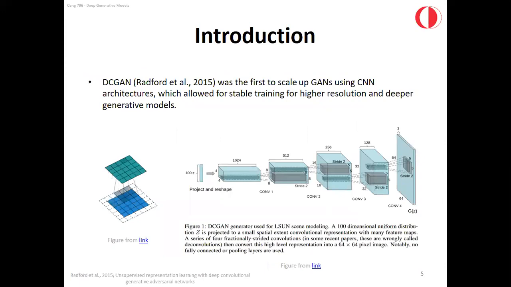So after the first GAN, DCGAN was proposed by Radford et al., who used deeper convolutional neural networks to generate higher resolution images.